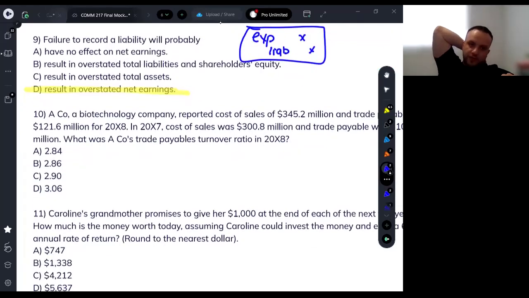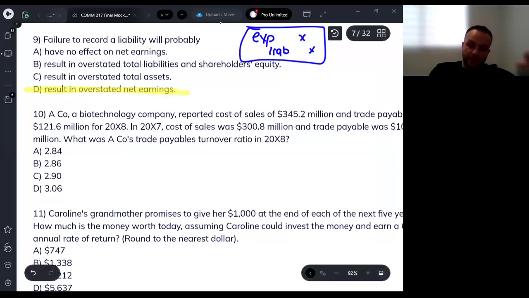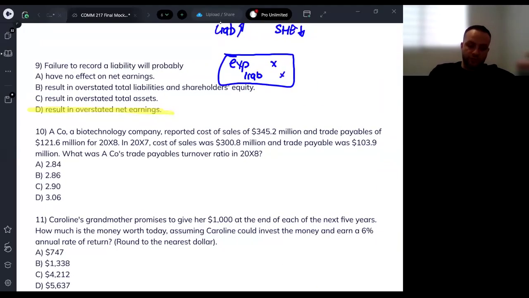A biotech company reported cost of sales of 345.2 million and trade payables of 121.6 million for 20x8. In 20x7, cost of sales was 300.8 million and trade payables was 103.9 million. What was the company's trade payables turnover ratio for 20x8?